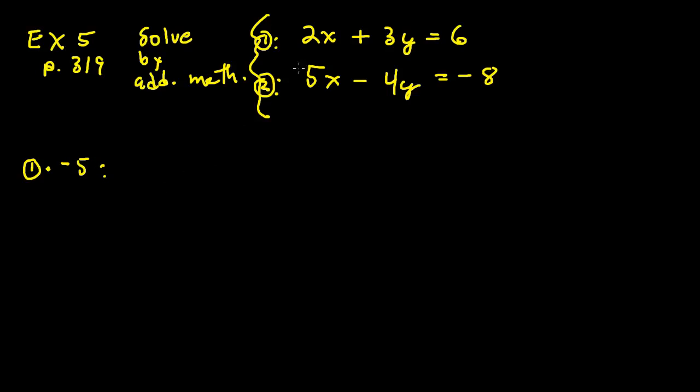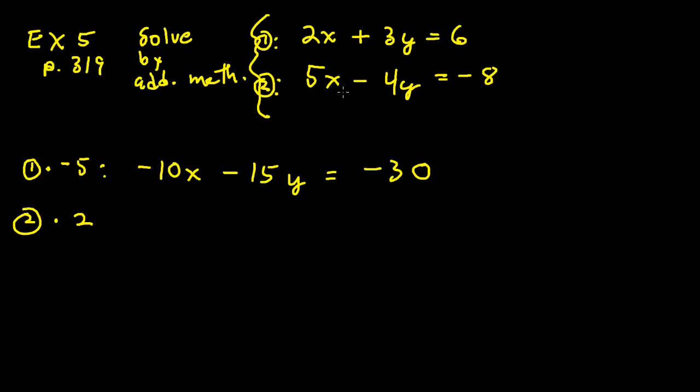All right. If I multiply equation 1 by negative 5, well, I can write it as minus 10x. Minus 5 times 3y is minus 15y equals 6 times negative 5, which is minus 30. If you want to eliminate x, then you should take equation 2 and multiply it by positive 2.